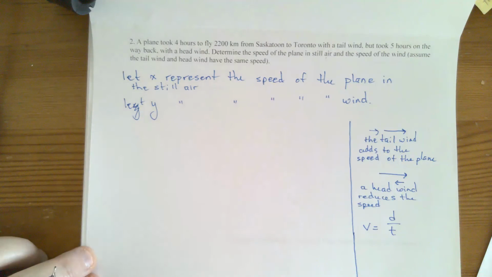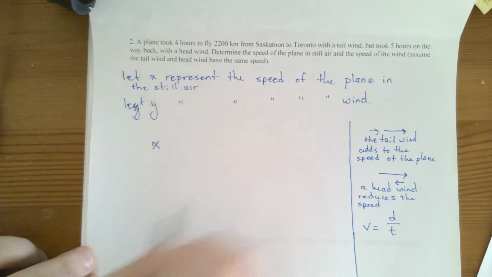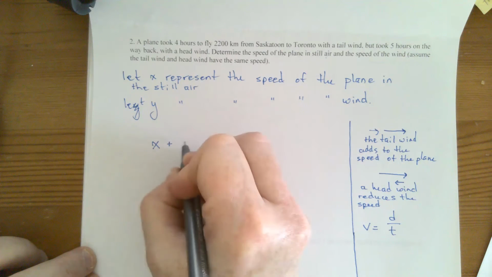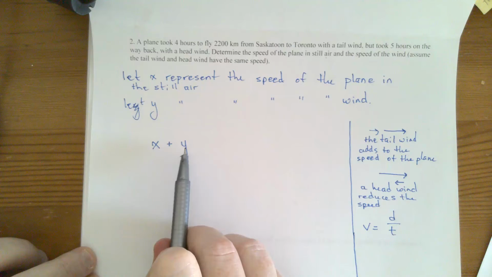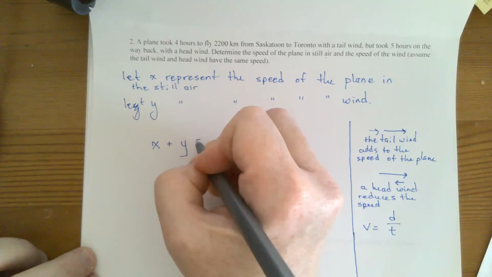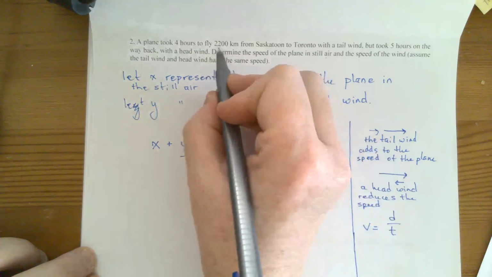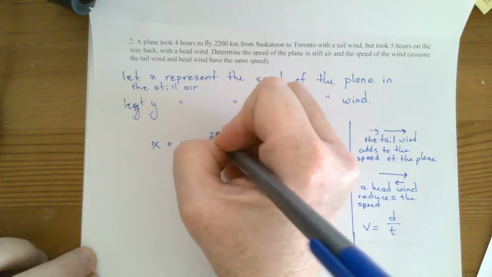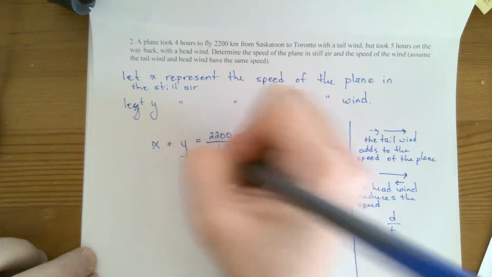As we said earlier, we have the speed of the plane, and we add to it the speed of the tailwind, and that gives us the speed of the journey, which is distance over time. In this case, the distance is 2,200 kilometers and it takes 4 hours.